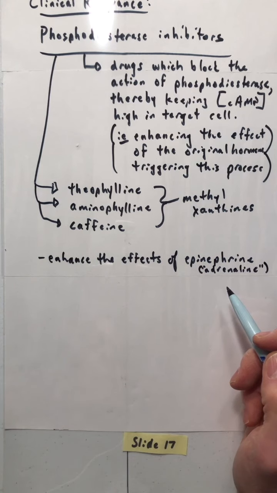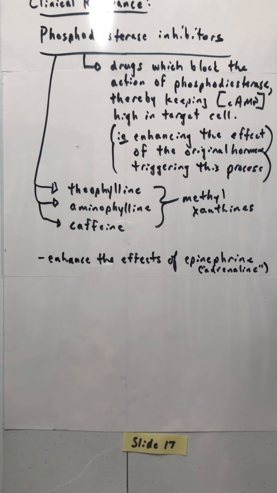So think about it. What did we learn about last semester regarding epinephrine? It's a hormone of the fight or flight response. It triggers a lot of the fight or flight response activities during times of emergency. So what does that mean? Well, for instance, it will cause the smooth muscle around your small airways, the so-called bronchioles in your lungs, to relax and dilate.